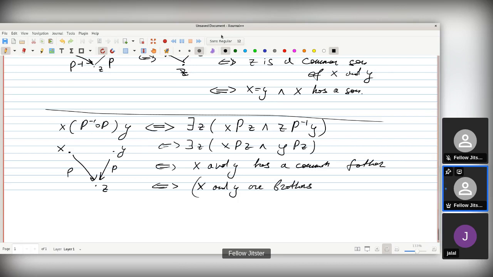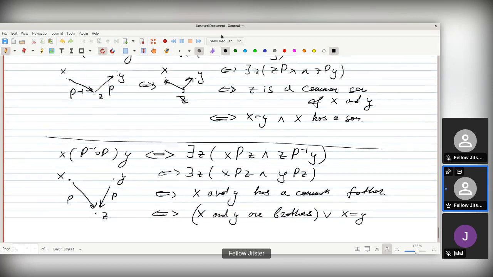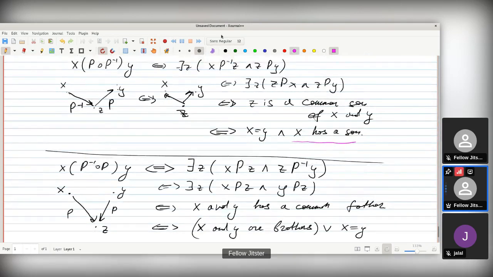They are brothers or they are equal, the same person. Of course, it is well possible that X and Y are the same person, and every person has a father, of course. So this thing is not needed here. Is it clear?